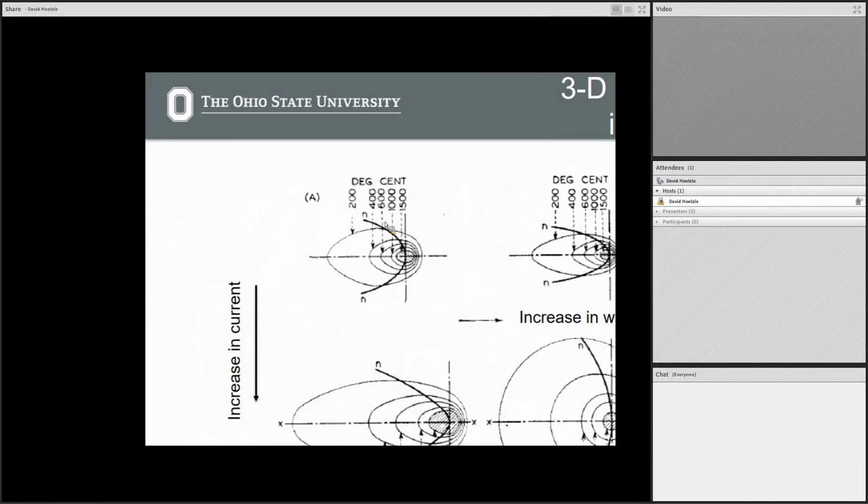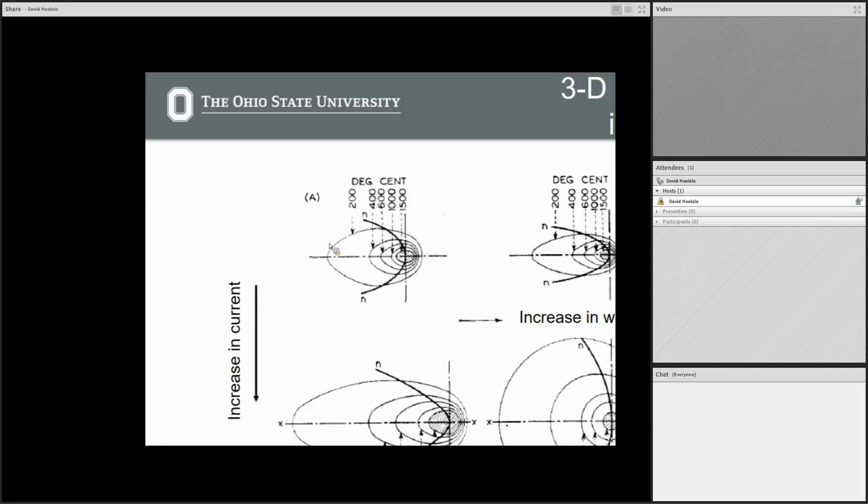This is at a constant current for these two, but then you increase the welding speed, and we talked about why the shape changes here: the heat does not diffuse as far forward when you go faster, and we're going to talk about later how this is important for additive manufacturing.